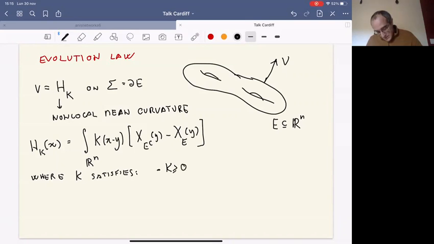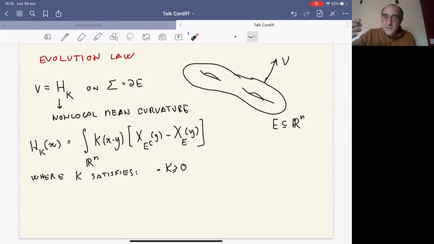This is because I want this problem to be, let's say, well posed in the parabolic sense, which means I want that this problem easily satisfies a comparison principle, because it's a second order equation, like the heat equation, only it's geometric. So the main feature I want is a comparison principle.